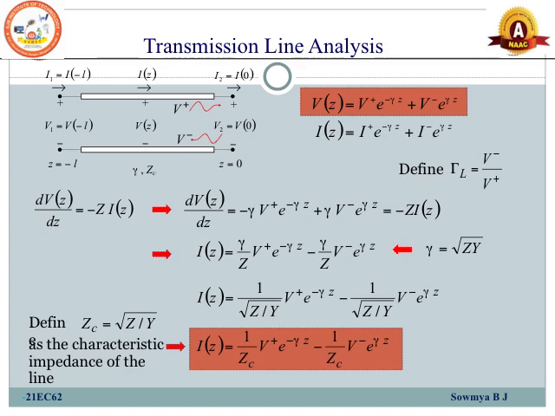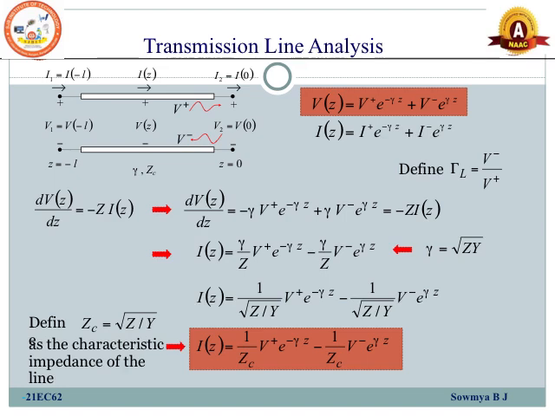So, d by dz of V of z is, as we know, equal to minus Z into I of z. In this case, d by dz of V of z is equal to, in the place of I of z, we substitute I plus e power of minus gamma z plus I minus e power of gamma z, that is nothing but minus Z into I of z.